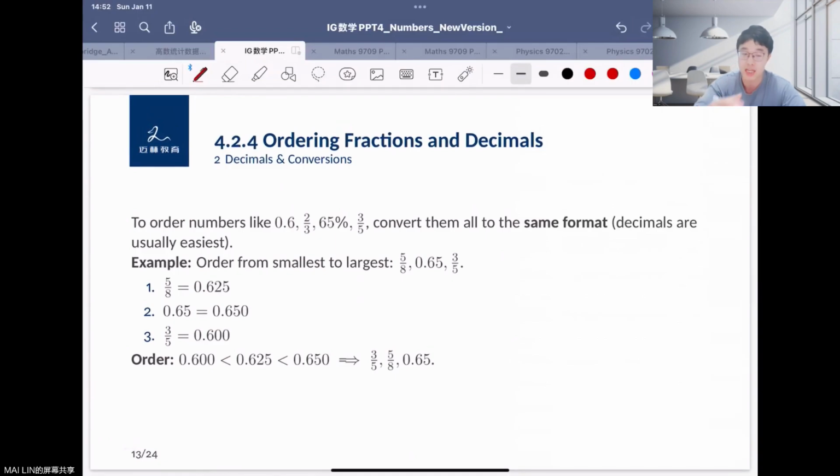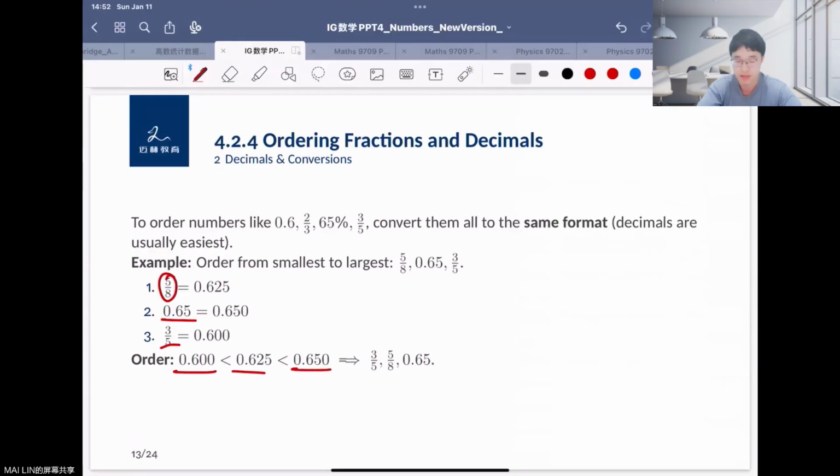We have to know the comparison between different decimals, or we can say comparison between different numbers. Like here we have 5 over 8, 0.65 and 3 over 5, and we can write them down as decimal numbers.